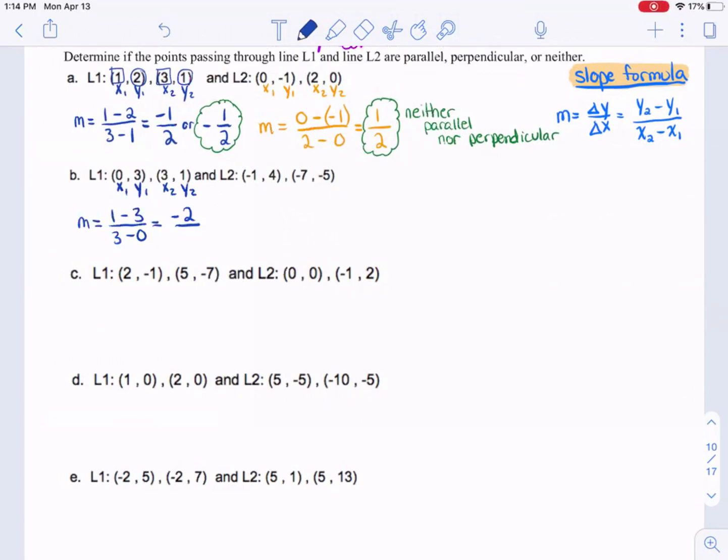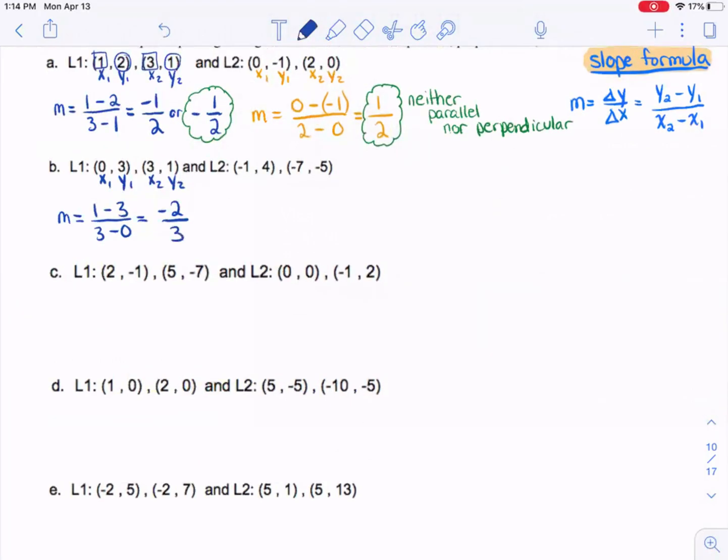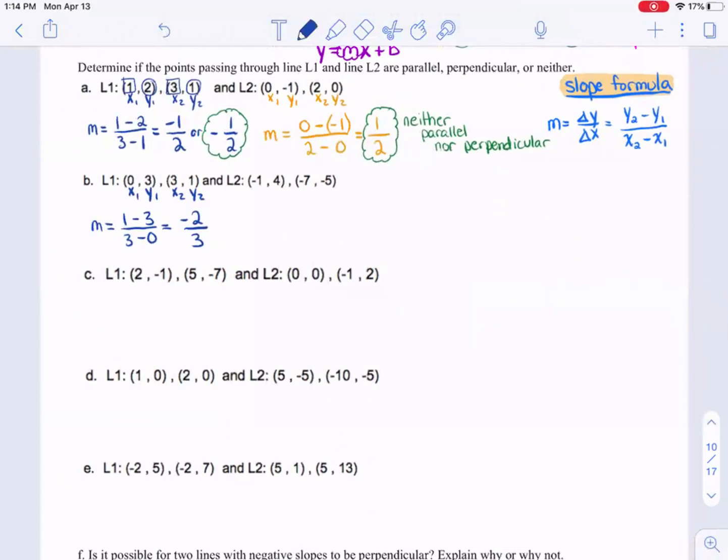And that's our slope for the first 2 points. Negative 2/3. Do the same for the second set of points.